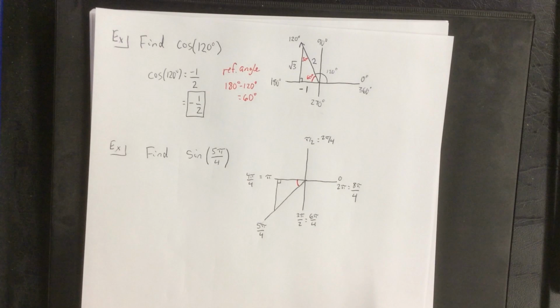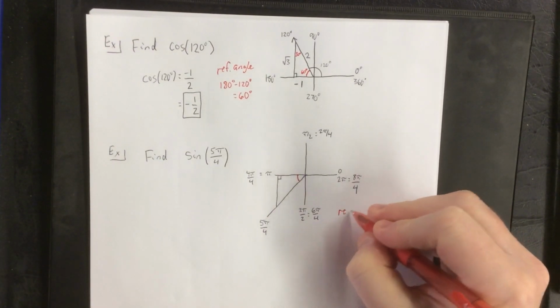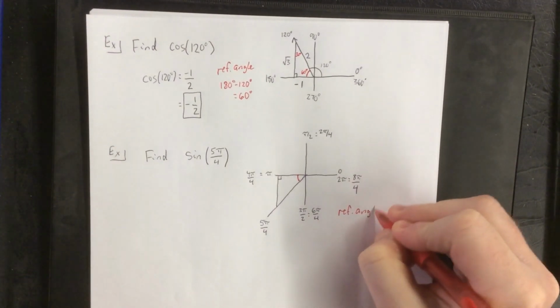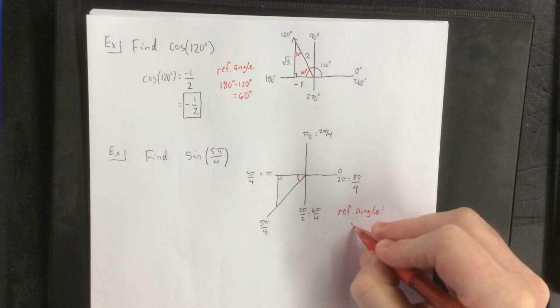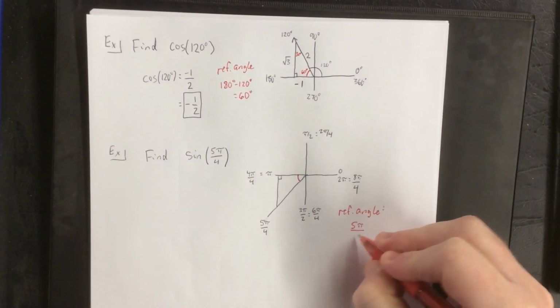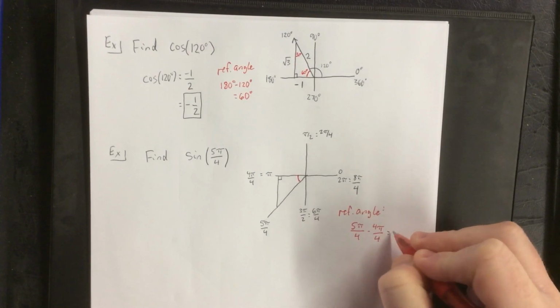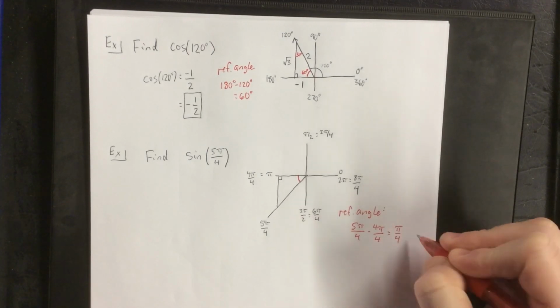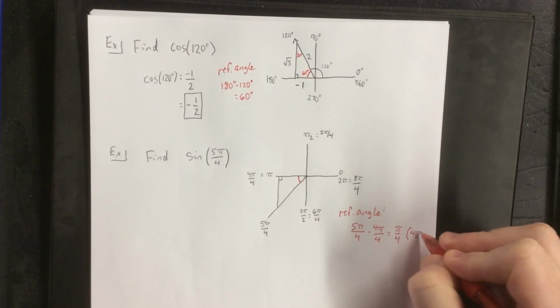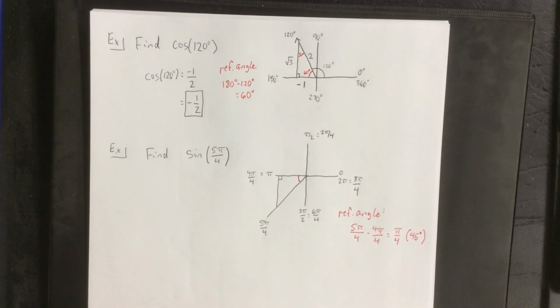So for the reference angle, this is going to be 5 pi over 4 minus 4 pi over 4. And it's a good thing we got that common denominator. That'd be pi over 4, or for those playing along in terms of degrees, this would be a 45-degree angle.